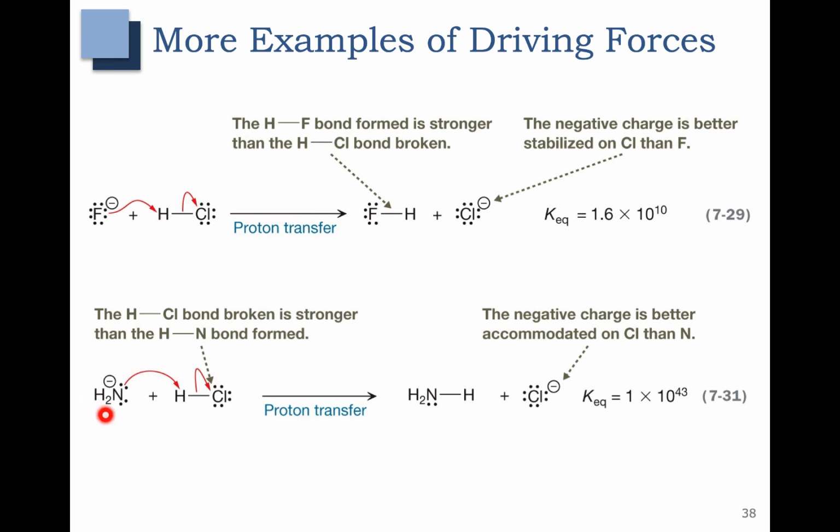A negative charge on a nitrogen is much less stable than a negative charge on a chlorine. You're going from a really strong base and a really strong acid to a weaker base and a weaker acid. So in this case, it's not the bond energy that's the driving force, but rather the negative charge being better accommodated on the Cl- and forming a weak base. So the strong base to the weak base is more important here.